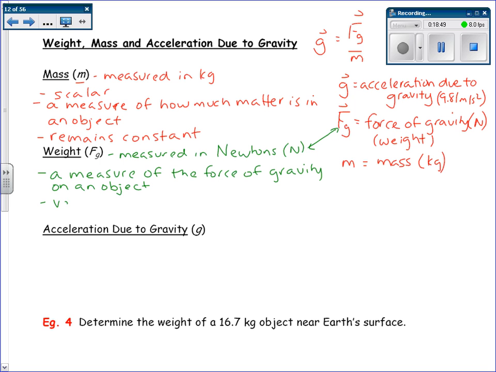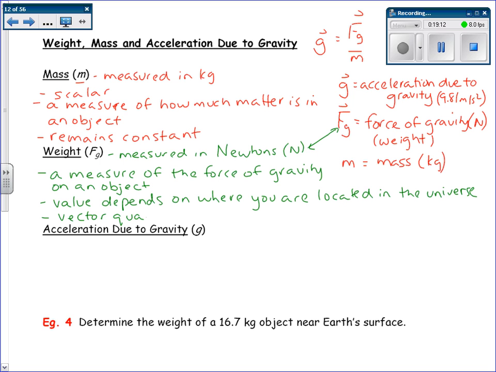And its value depends on where you are located in the universe. It depends on g, right? It's a vector quantity, so it has a direction. It's always down.